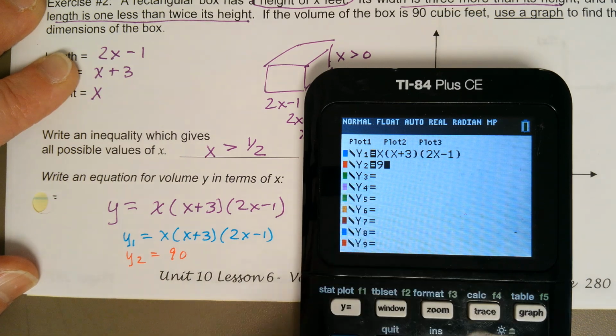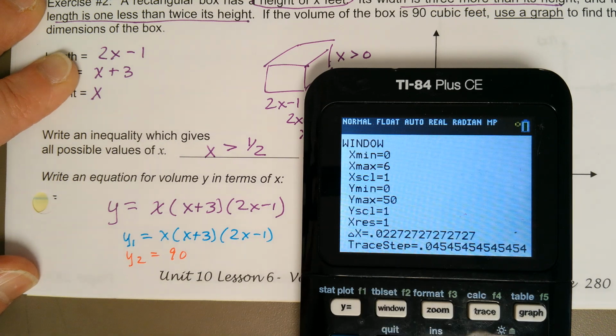We know our volume is going to go up to 90, so let's adjust the window. I'm going to put it up to 100 for the y max, and I think I'm going to leave x as is right now.